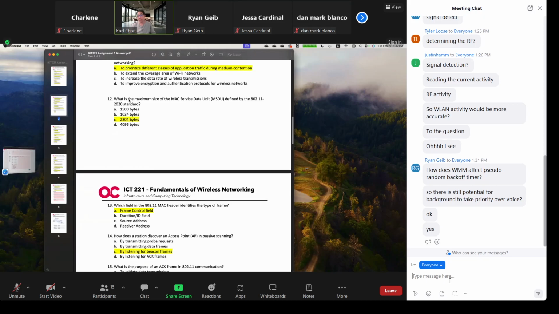The MSDU, MAC service data unit, is the data from higher layers, layer 3 to layer 7, and the maximum size of an MSDU is 2304 bytes.